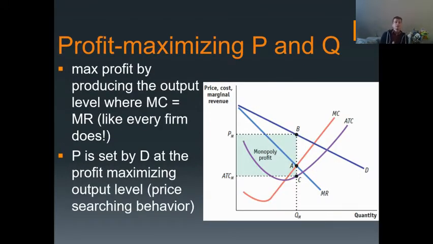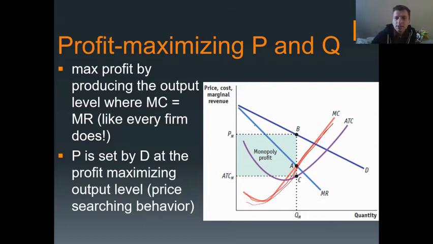Now, when you're profit maximizing in a monopoly, you profit maximize the exact same way you did before. Your quantity is still where MC equals MR, and your price is still set by the demand curve. However, once again, the demand curve is now separated out from your MR, so it looks a little different. So if we look at this graph, we see MC is the red curve here, swooshing as always.